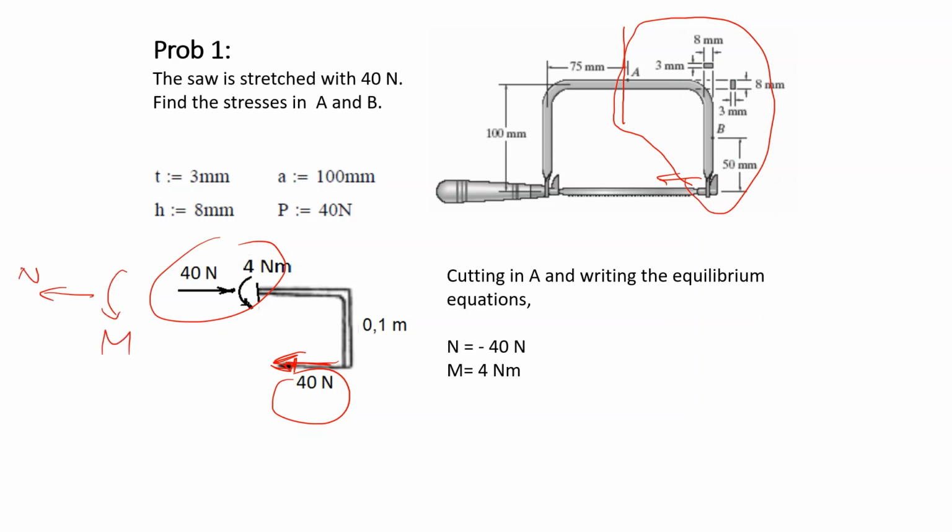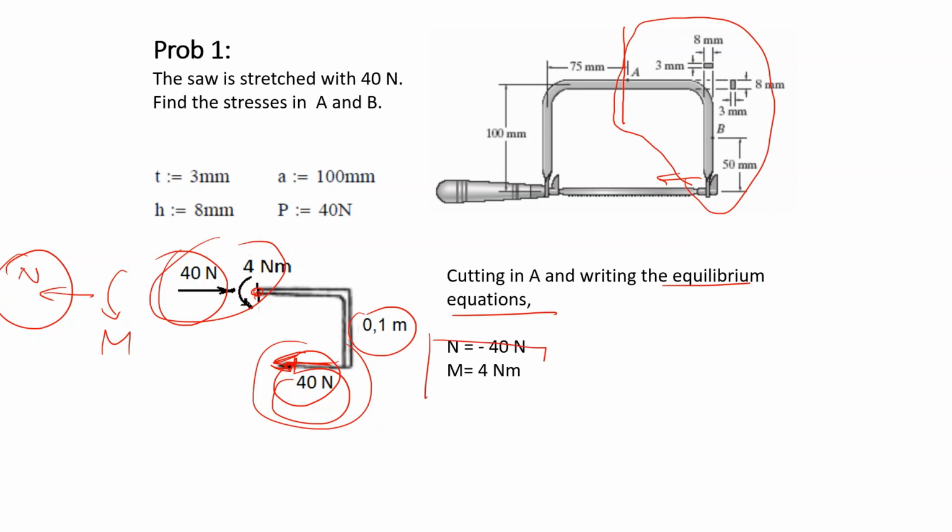So when you write the equilibrium equations, you can easily find out that this N value should be equal to 40, and this moment is 40 Newton times 0.1.